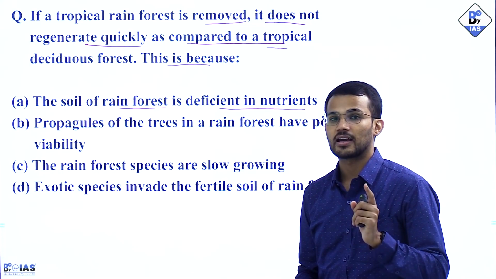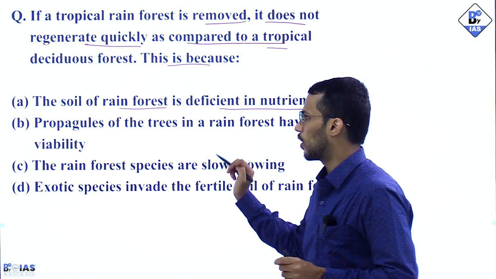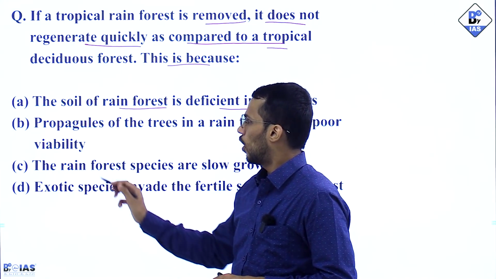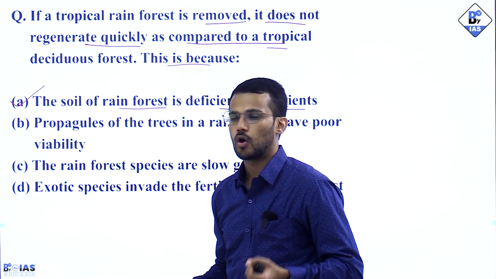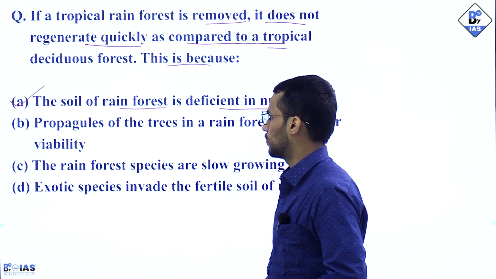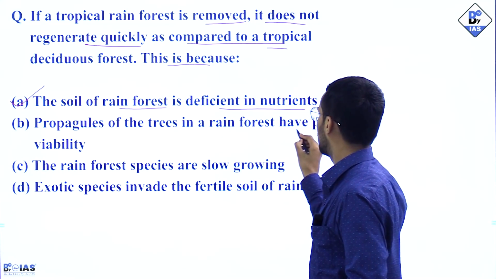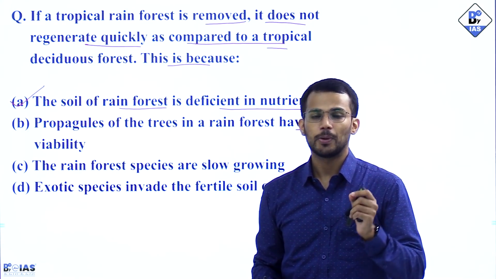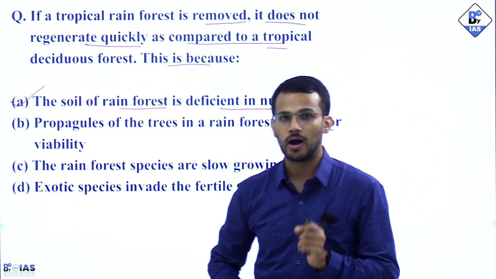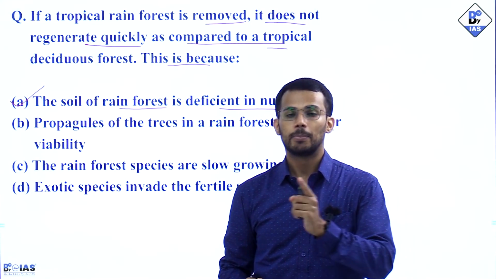So this is the correct answer for this question, option A, but we will discuss the other options as well. Option B: propagules of the trees in a rainforest have poor viability. Propagules are the vegetative parts which may lead to the formation of a new plant.